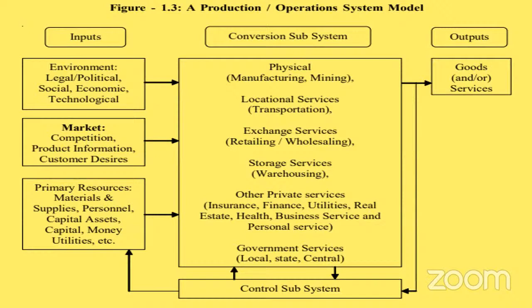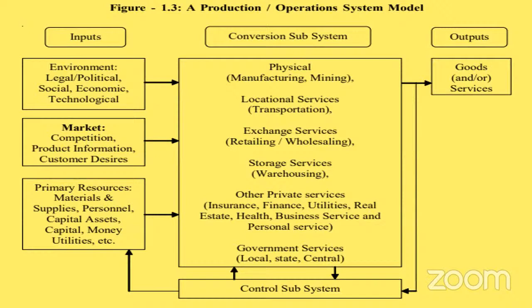Now, next, we will be seeing productivity. We come to the main question: how do we know that we are managing a system operation well? This concerns the efficiency with which we are converting the inputs into outputs.